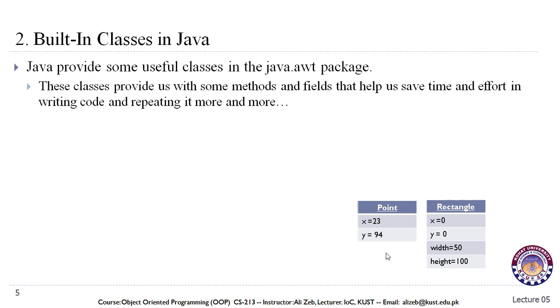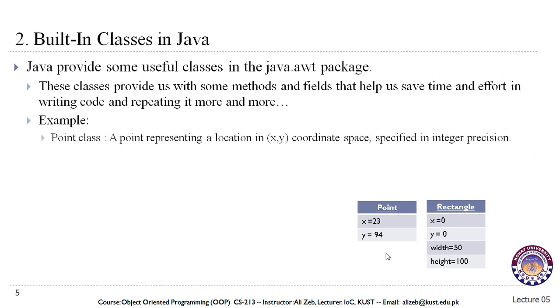So the built-in classes basically reduce our programming effort by declaring or defining the methods that we might need frequently, and we can simply utilize those methods or attributes by declaring the objects of those classes in our programs, and we can use them straight away instead of redefining and redeclaring those classes. For example, the Point class: a point representing a location in XY coordinate space, specified in integer precision.